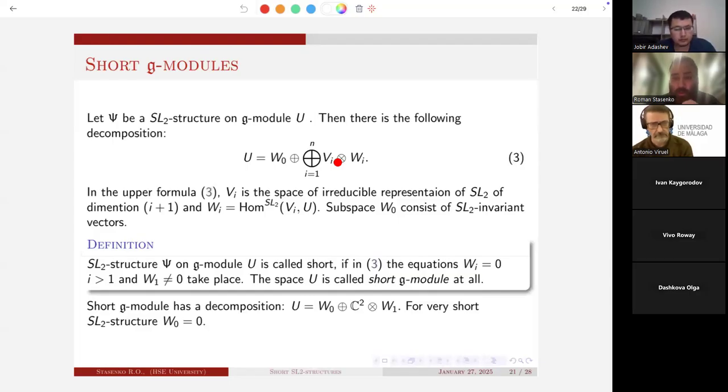Let us investigate the simplest case where in this formula there are only two irreducible representations of SL2, the one-dimensional and two-dimensional. And in this case, we call the space U a short G module, if all of the multiplicity spaces are zero.